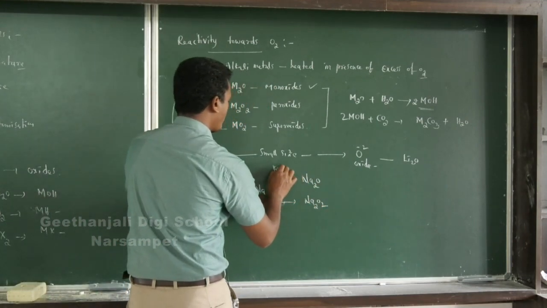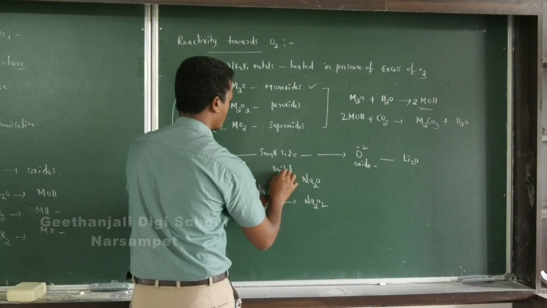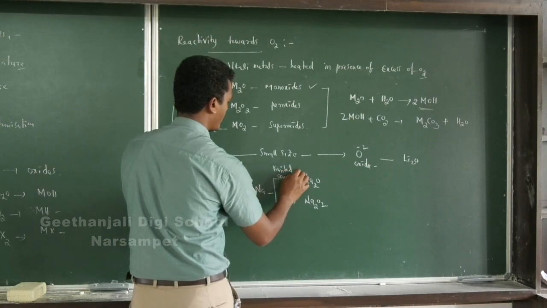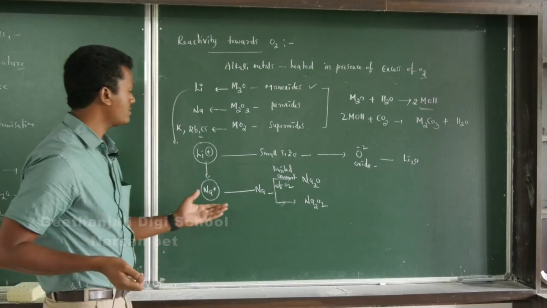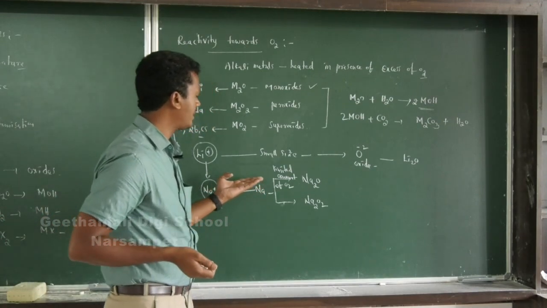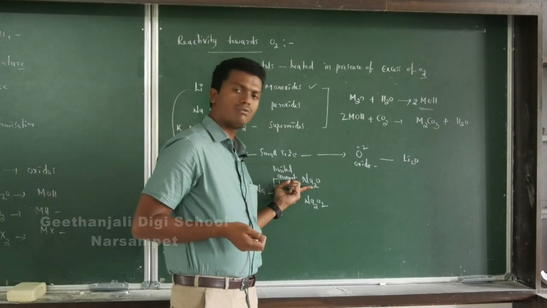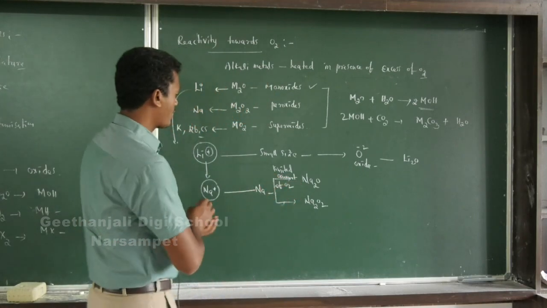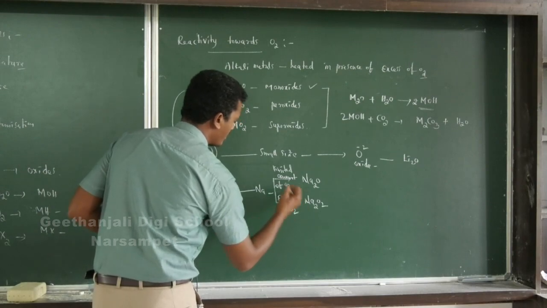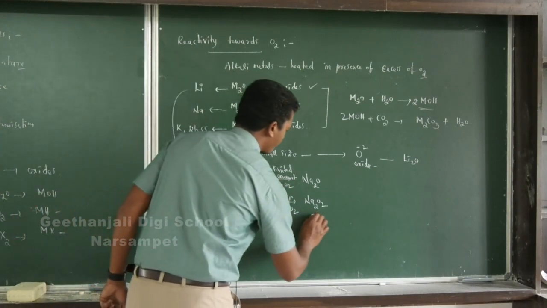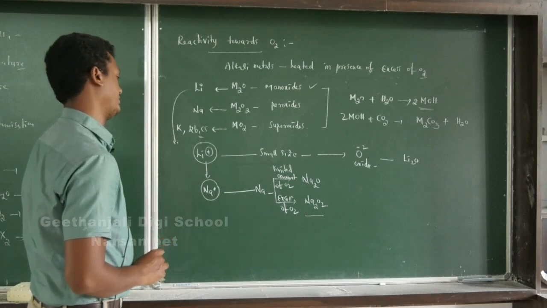When there is a limited amount of air or limited amount of oxygen passed towards the sodium, it forms Na2O type of monoxide. When there is excess of air, sodium forms sodium peroxide.